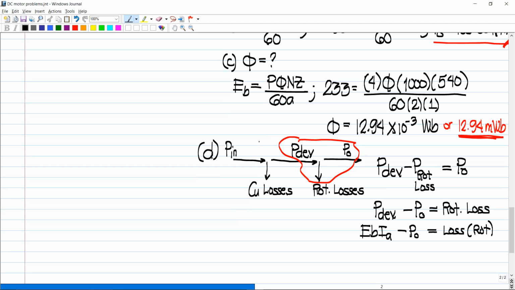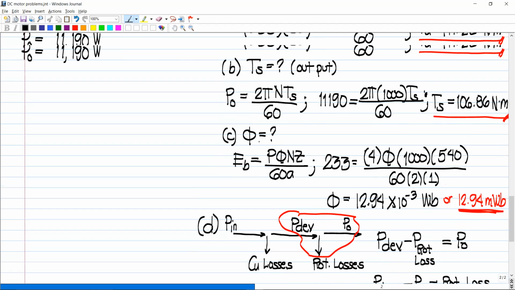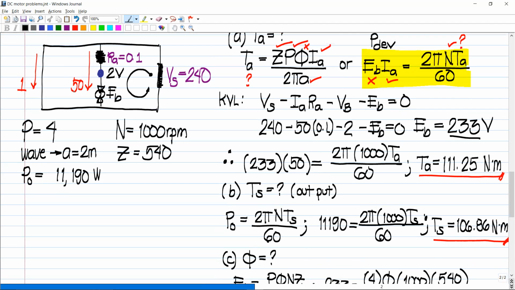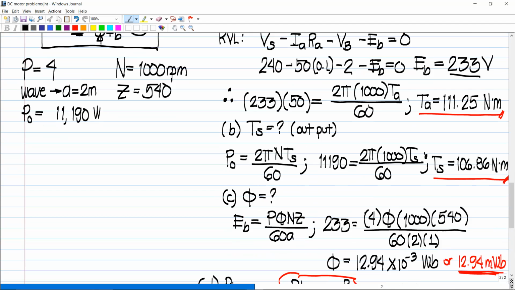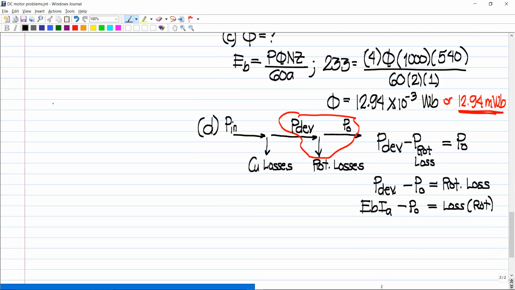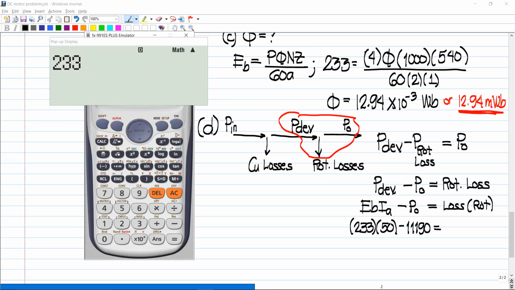And the three quantities we need, we already know. Let us review: EB is 233. The armature current in our diagram is 50. And the output power is 11,190. So we simply substitute: 233 times 50 minus 11,190.